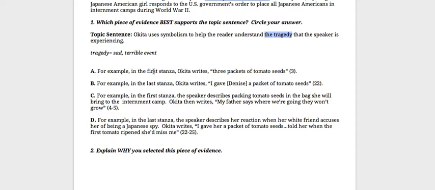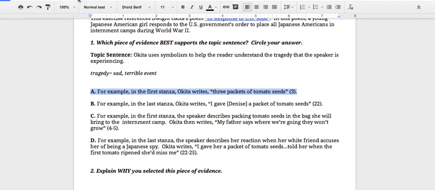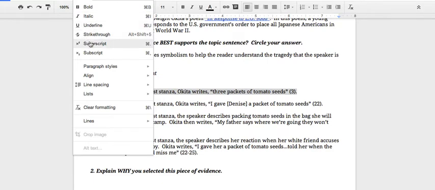Maybe the seeds are a symbol, I'm not really sure. And I have no sense of tragedy. 3 packets of seeds does not tell me anything about the speaker experiencing a tragedy. So it's not going to be A. I know for sure I'm not working with A.